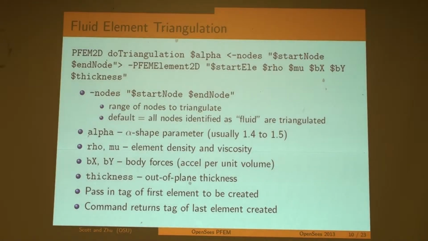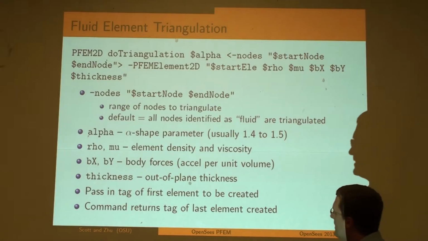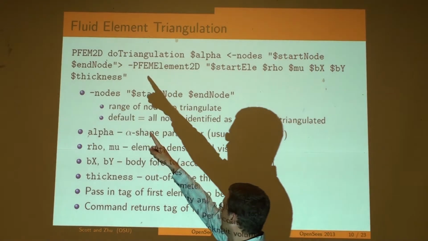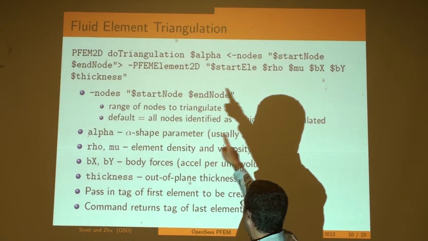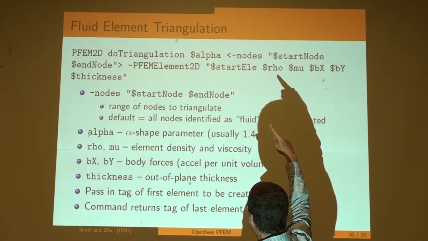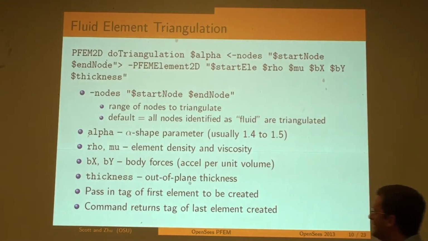Okay, then after we have a set of particles, right, we can go in and do the triangulation with a command called do triangulation. Right? And this is the basic syntax of it. Right? So to create fluid elements, we can do fluid or solid elements, but for fluid elements, we have a PFEM element, 2D, right, which is what this last switch is, and then element properties of density, viscosity, body forces, and out-of-plane thickness.